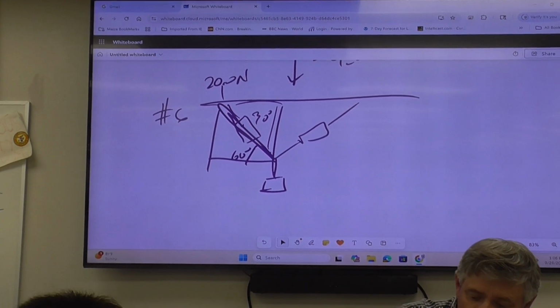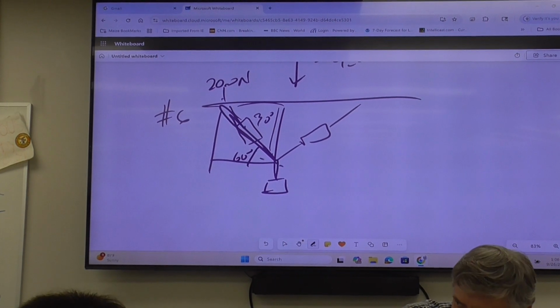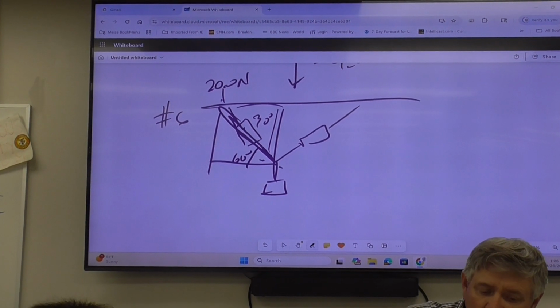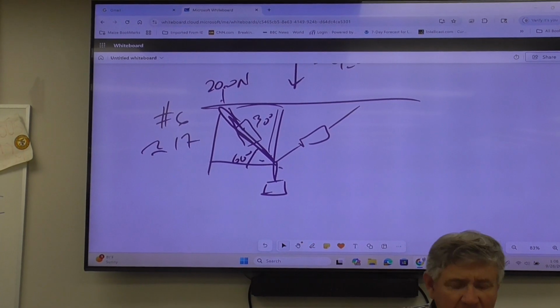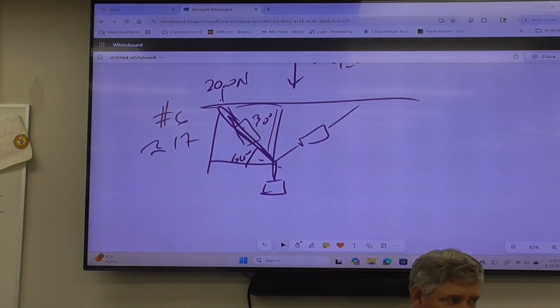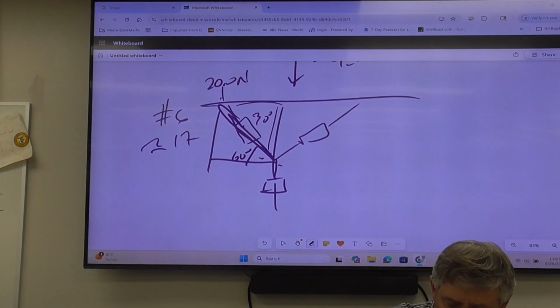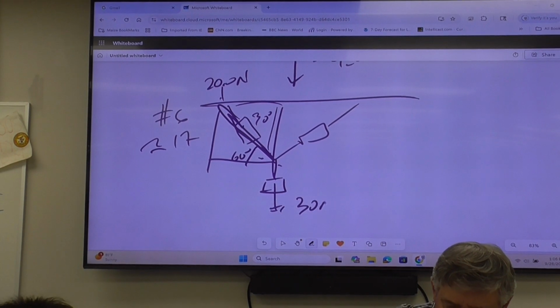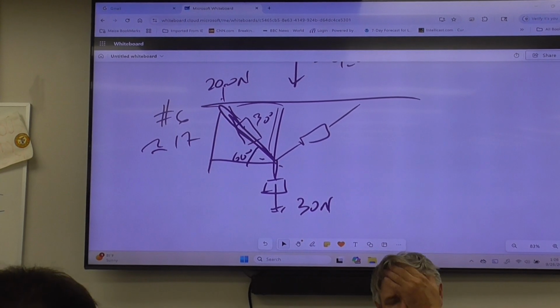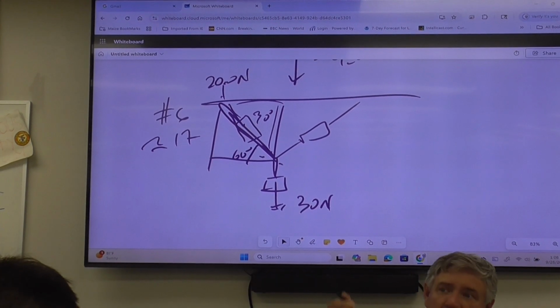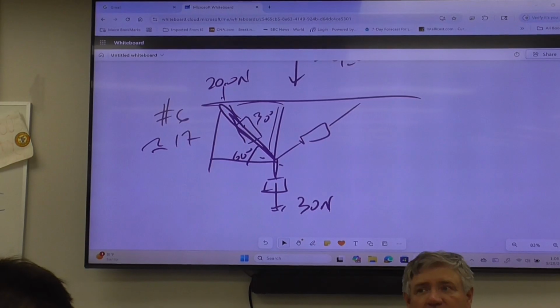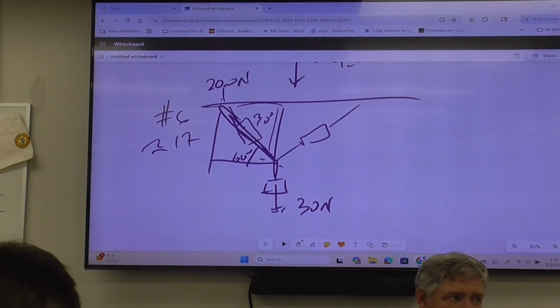So, this is the hypotenuse and you know the angle. So, this vertical component over here is about 17 newtons, all right? But this thing weighs 30. So it would be like this. I owe Isaac 30 bucks, okay?